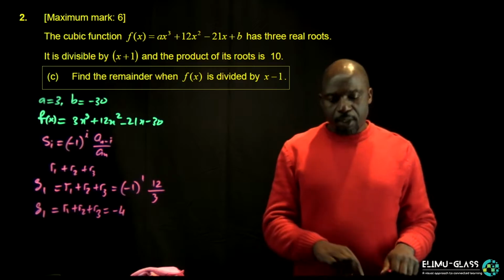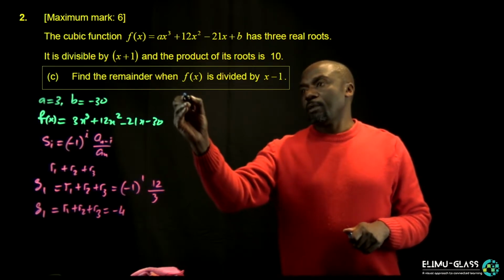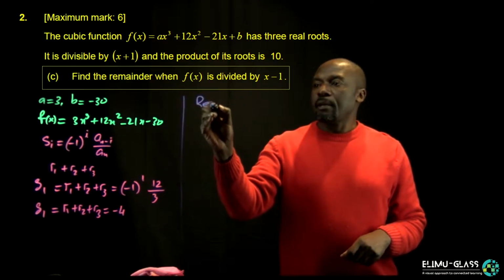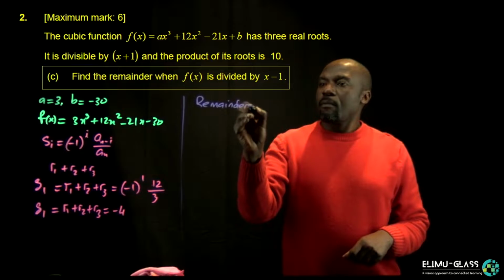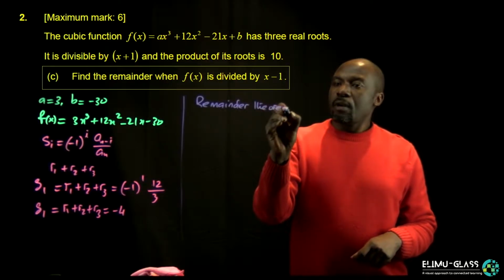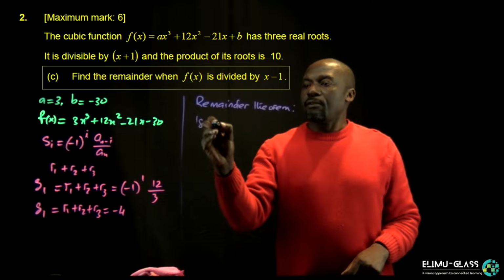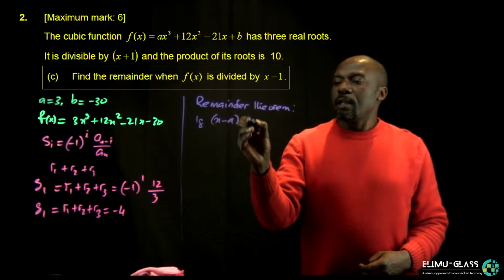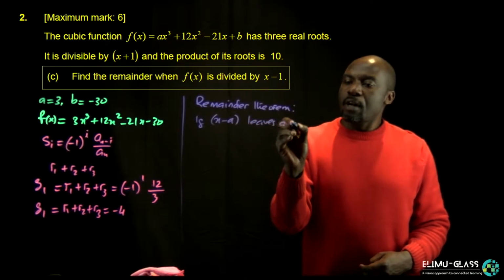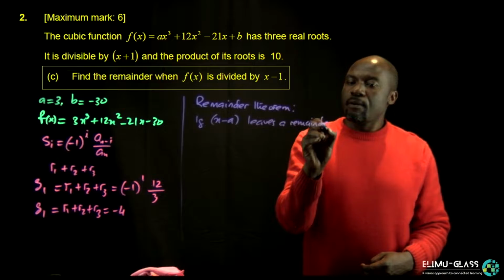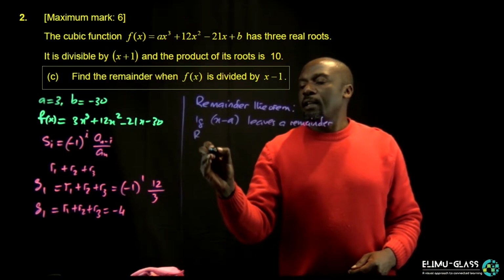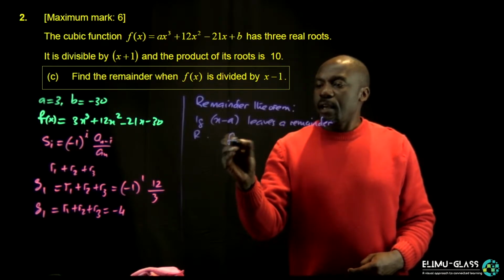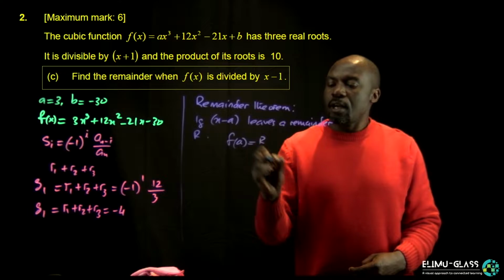And the remainder theorem states that if x minus a leaves a remainder r when f of x is divided by that, then f of a is going to be r.